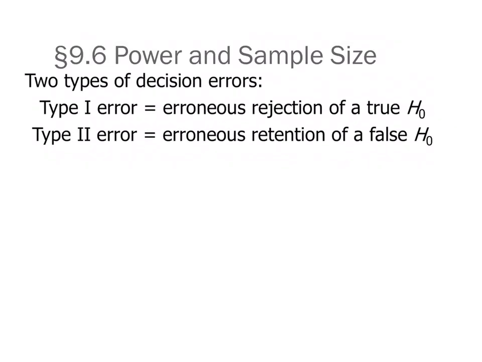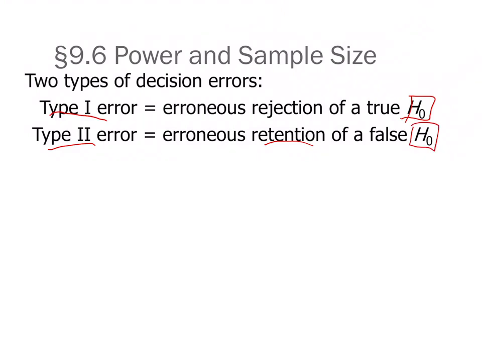When we have power and sample size, there are two types of errors that can potentially occur: a type 1 error and a type 2 error. A type 1 error is an erroneous rejection of a true null hypothesis. A type 2 error is the retention of a false null hypothesis.